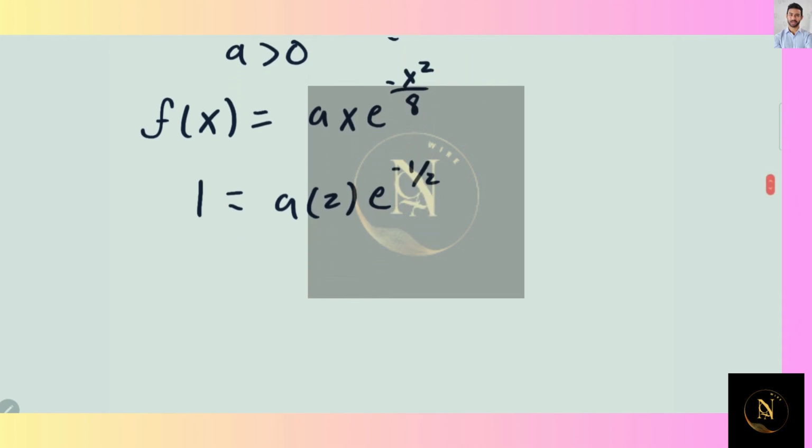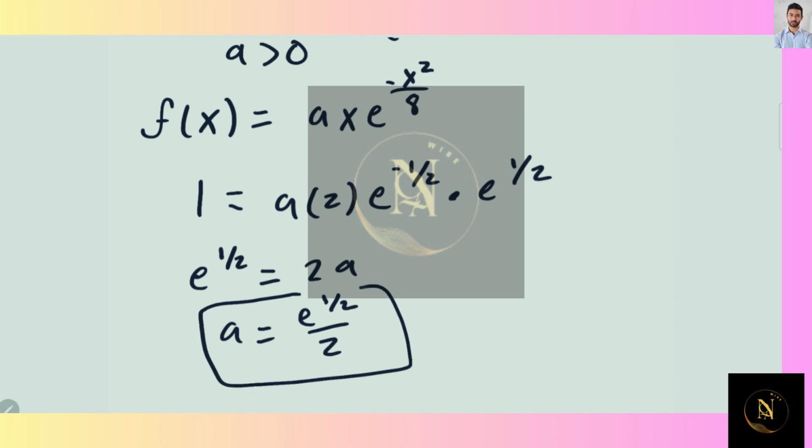Multiplying both sides by e^(1/2) to get rid of the e, we get e^(1/2) is equal to 2a, so a is equal to e^(1/2) divided by 2. So we've now found the values for a and b, where a is equal to the square root of e divided by 2, or e^(1/2)/2, and b is equal to negative 1/8.